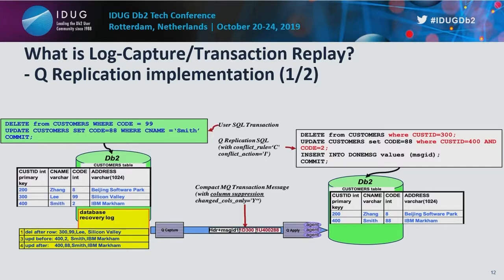Then the apply program receives this. The metadata for QRep is all in control tables in DB2, so QRep is really a DB2 application. Then we read the message from MQ, and we rebuild SQL, which is not necessarily identical to the source. Actually, it's not. It's rebuilt based on the replication key to make sure that we update the right row.